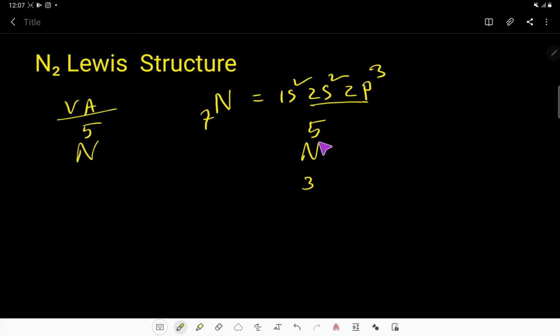So this nitrogen will form 3 bonds, right? We need 8, so here 5, we need 3 more electrons, so 3 more electrons means 3 bonds.